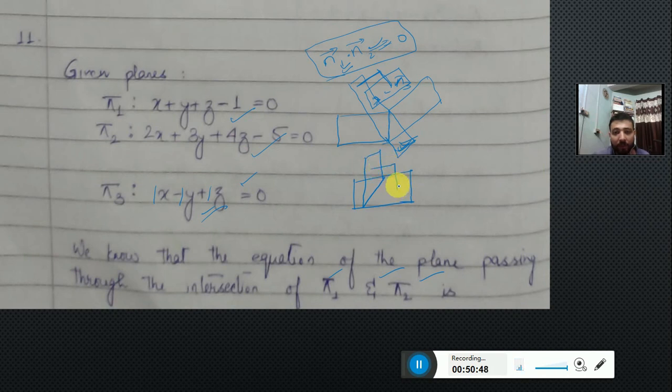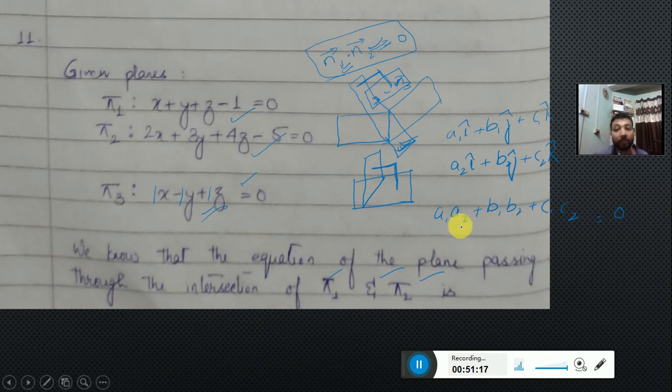Their normals will also be perpendicular, and n1 and n2 are normals. So if n1 is a1 i cap plus b1 j cap plus c1 k cap, and n2 is a2 i cap plus b2 j cap plus c2 k cap, and they are perpendicular, what do we write? a1 a2 plus b1 b2 plus c1 c2 equals 0.